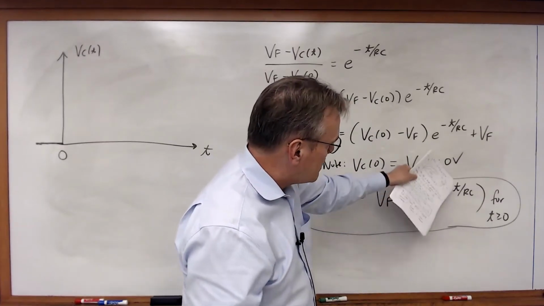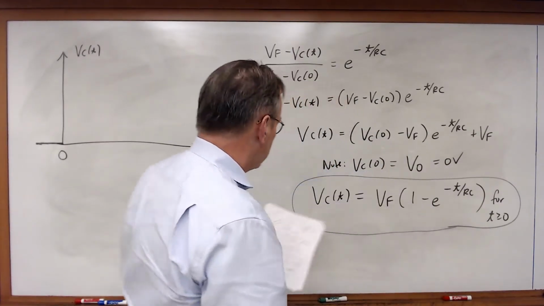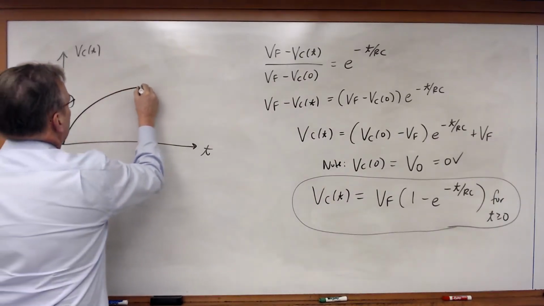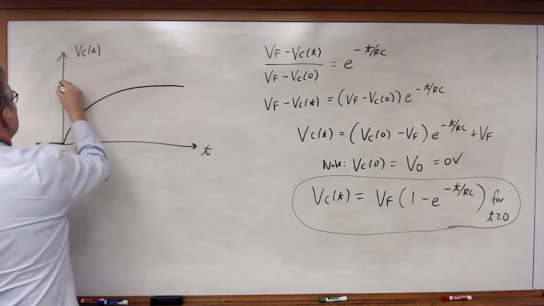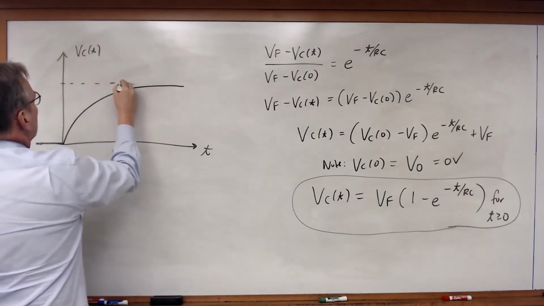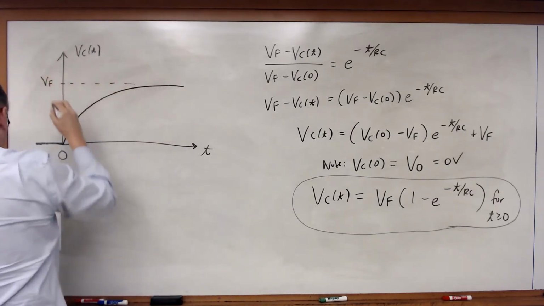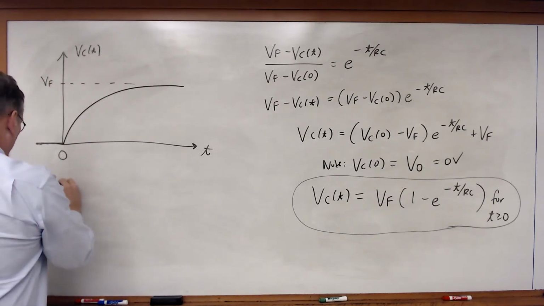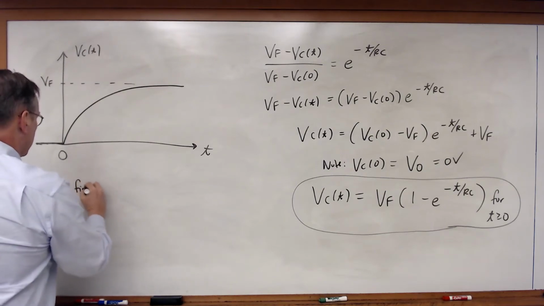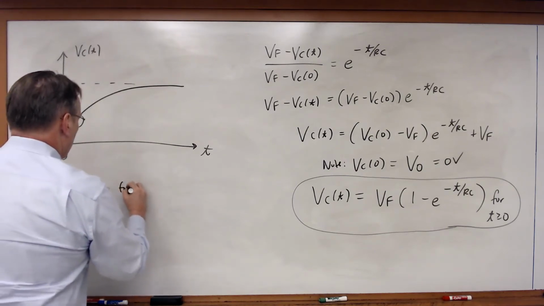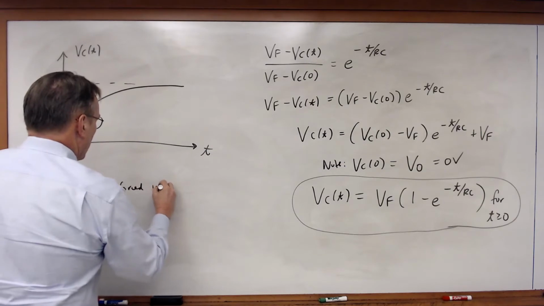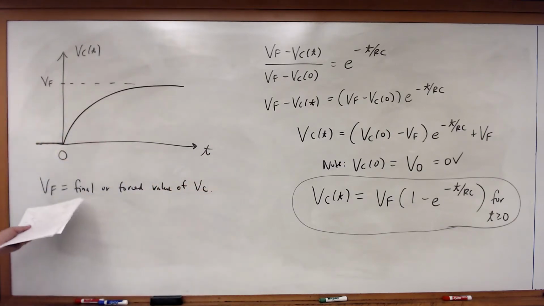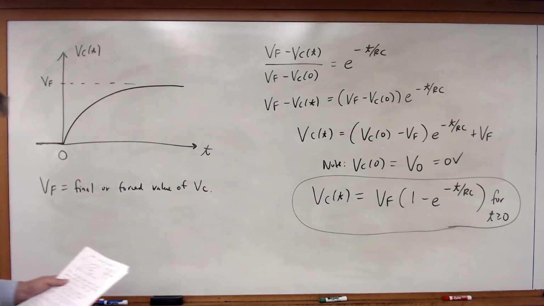But then as t increases, this term goes to 0. And what happens is my output converges to a value of Vf. Vf is our final or forced value of Vc. Hence, we call this the forced response.